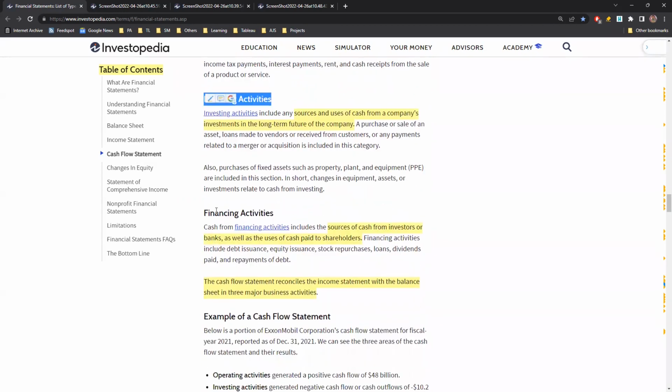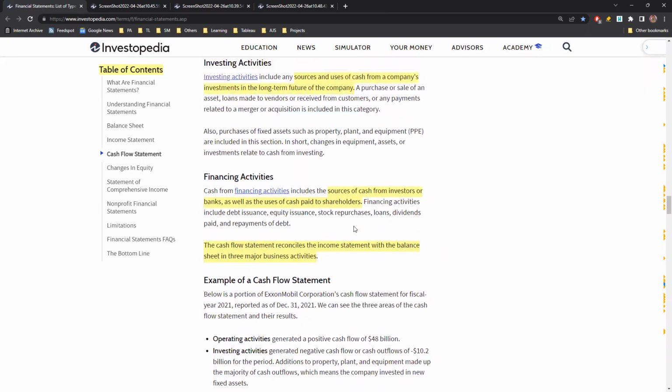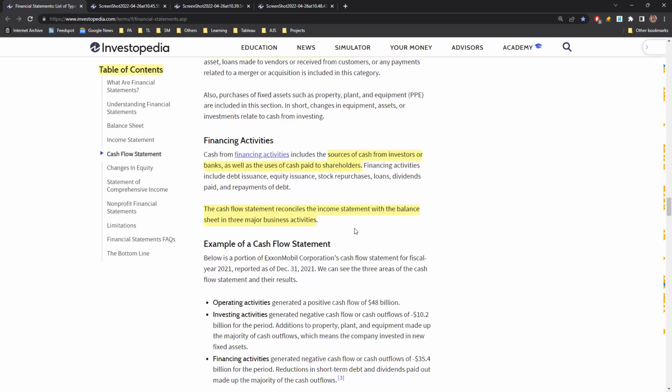And then there is the financing bucket. It accounts for all the money coming from the outside, apart from investing or operating activities. Let's say you are taking a loan, short-term or long-term debt.